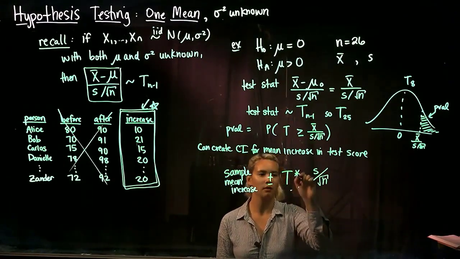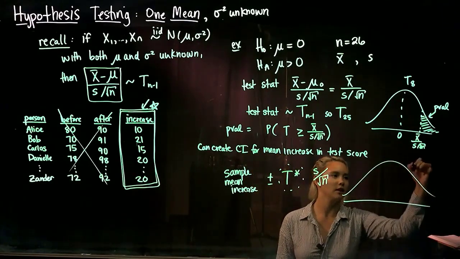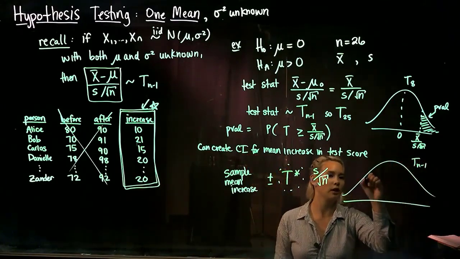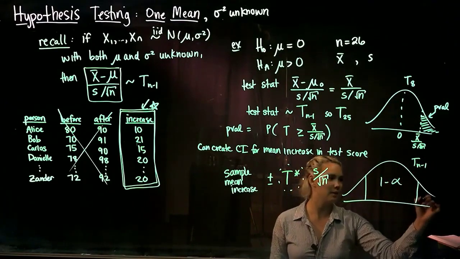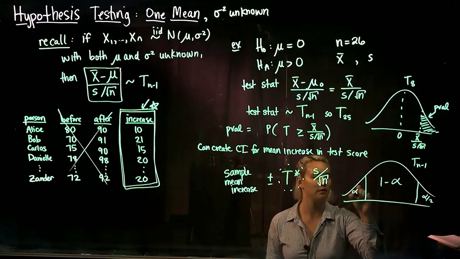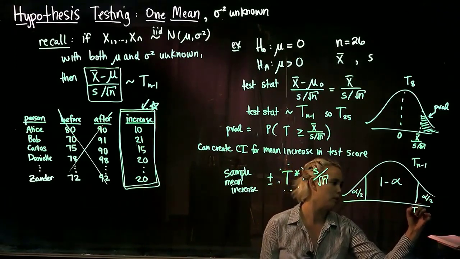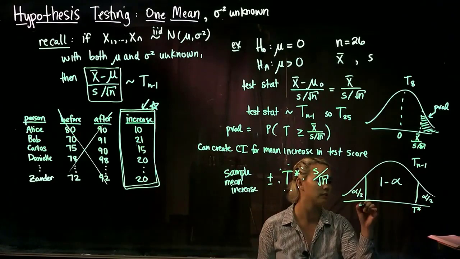Remember, we calculate this particular value, t star, using a t-distribution with n minus 1 degrees of freedom. And if we want a 1 minus alpha level of confidence, then we have alpha over 2 in each tail. So we would look for this value t star such that we get alpha over 2 in each tail.